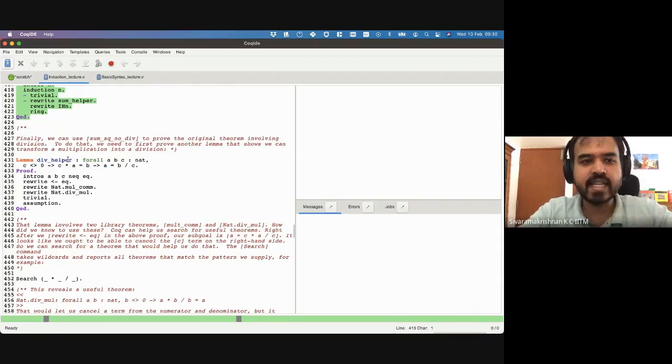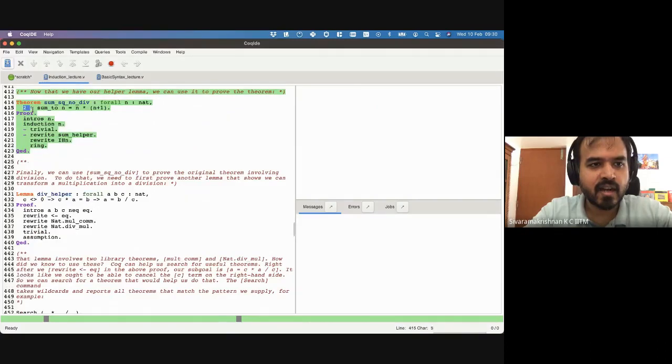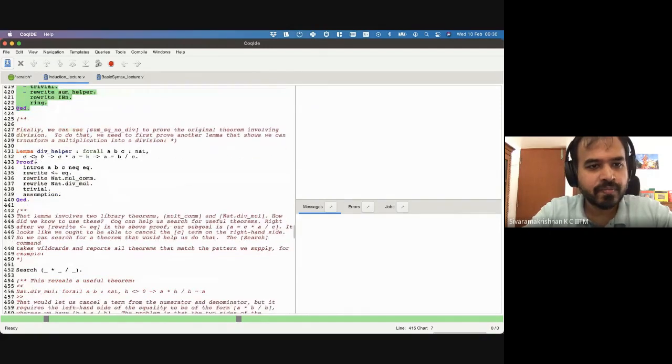So let's read this division helper lemma. The goal is to bring this times 2 down to the right hand side. So what is it saying? It says that if c is not equal to 0, assume that there are 3 natural numbers a, b, c.